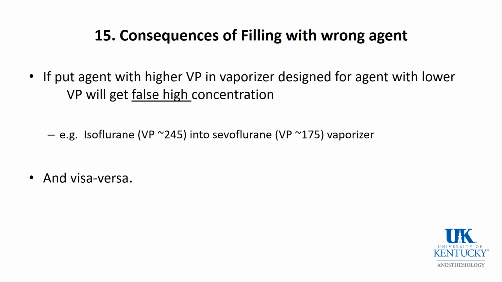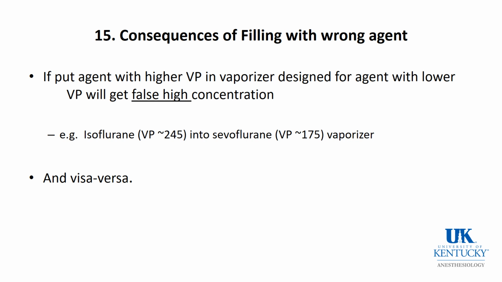Now, one thing that is important, and this is a key word, is what's the effect of giving the wrong agent. And if you understand the vapor pressures of the two drugs that we might mix up, that would be isoflurane and sevoflurane. If you put sevoflurane into an isoflurane vaporizer, it thinks it's giving isoflurane, it thinks it's giving something with a vapor pressure of 225.